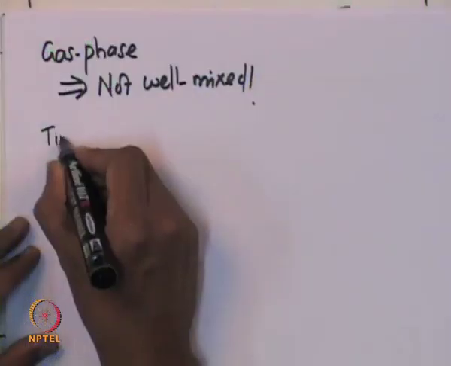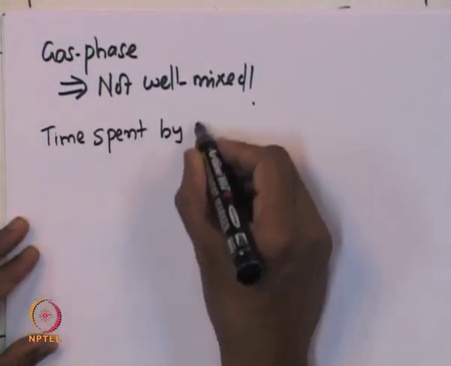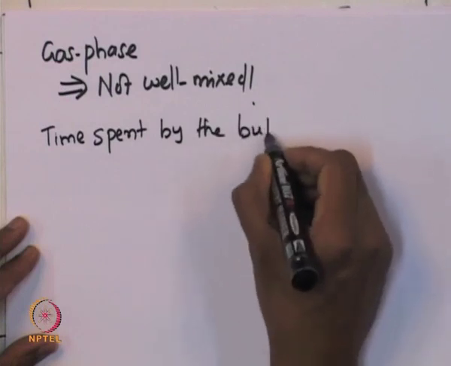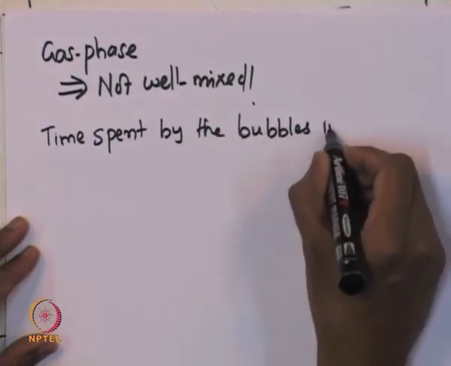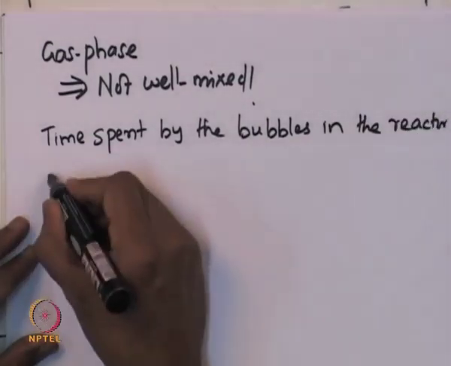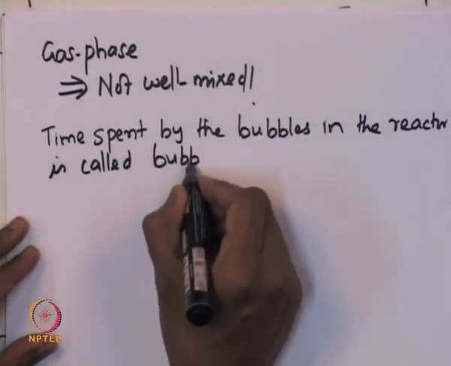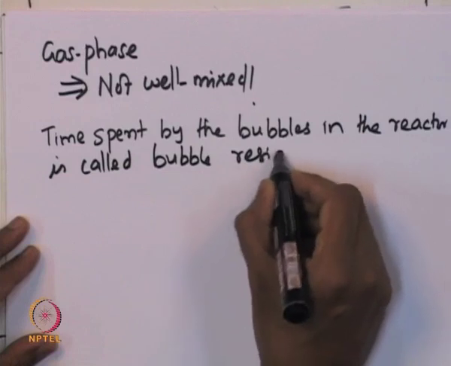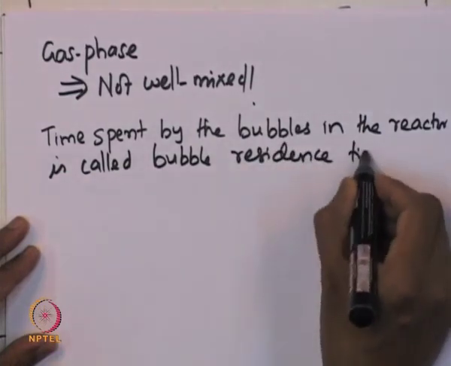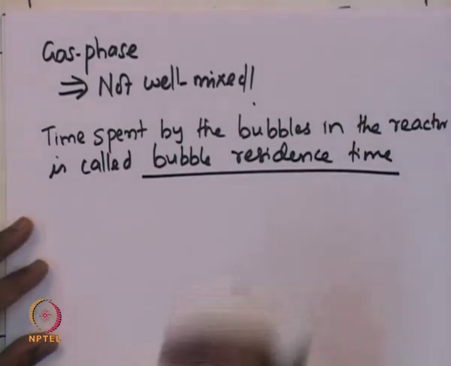So, just to define, the time spent by the bubbles in the reactor is called bubble residence time. That is called the bubble residence time. That is the amount of time spent by a bubble inside the reactor.